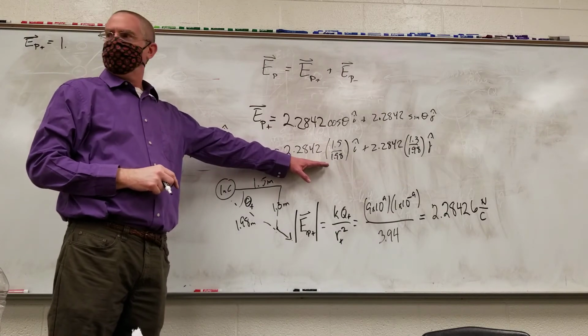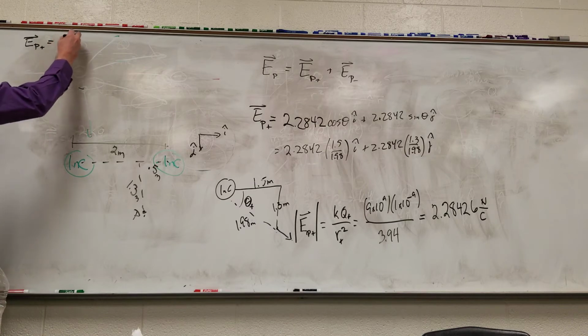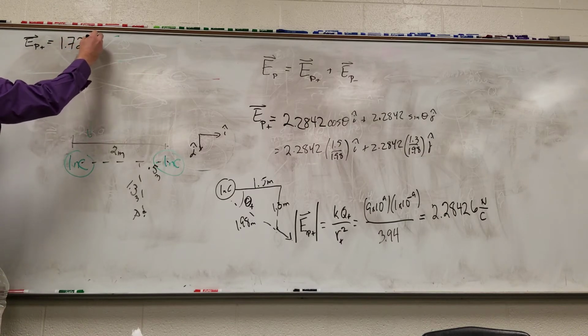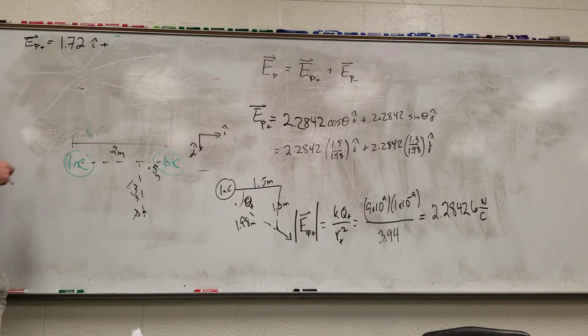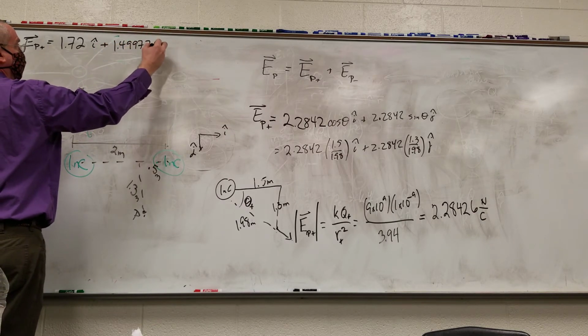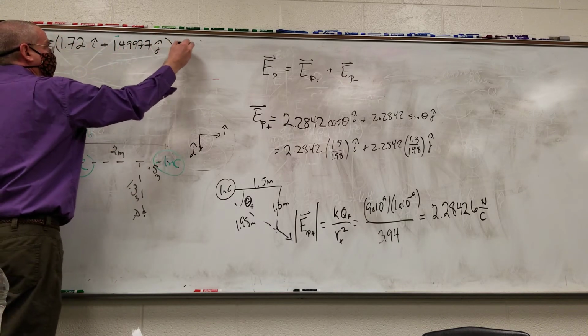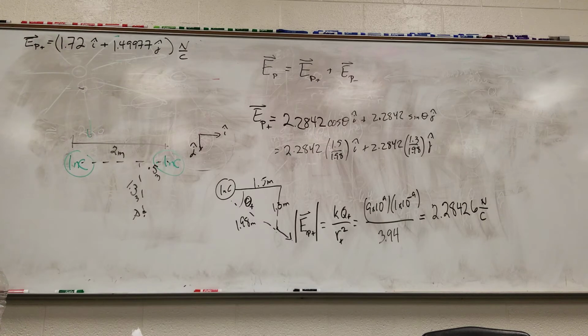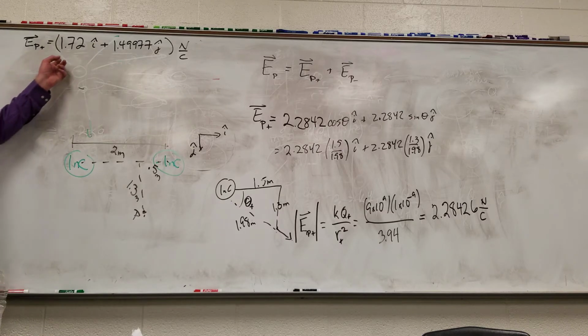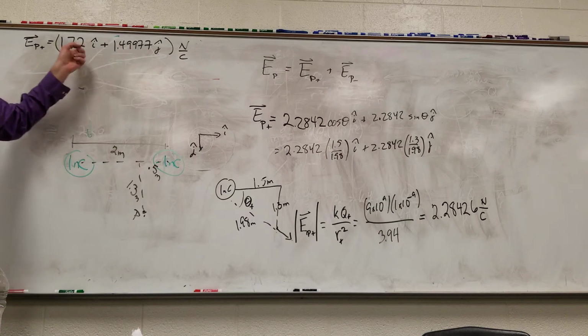It's 1.72. The other one's 1.4997. And then, even though it's not our final answer, we stick our units there. Notice I do put parentheses around the whole thing if I want to write the units once. If I don't put the parentheses in, then that newtons per coulomb is only associated with the second term, not the first term.